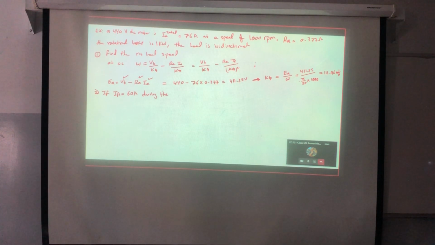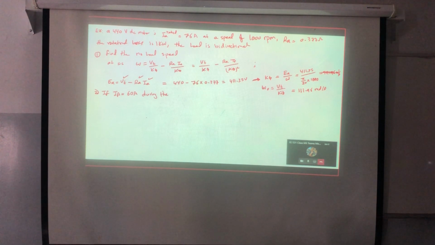I think I already calculated the no load speed. So from here I will find K phi. At the rating, omega naught will equal Vt over K phi, and this will be 111.96 rad per second.